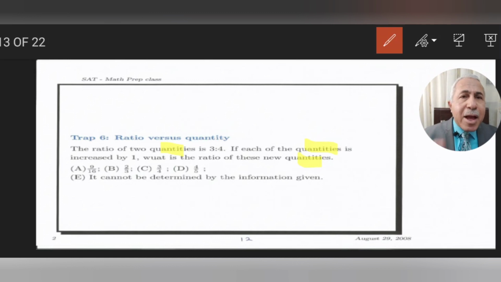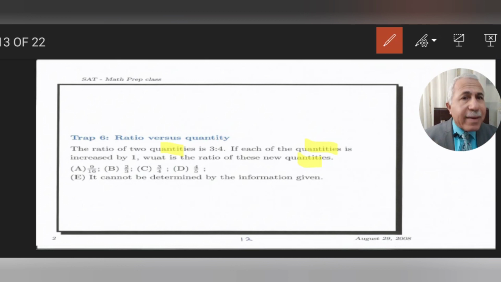As I said, reading the question is very important. It will save a lot of time for you. He's telling me quantities, and as I told you in lecture number 2, you cannot add or subtract ratios.